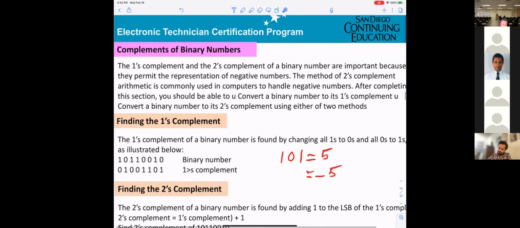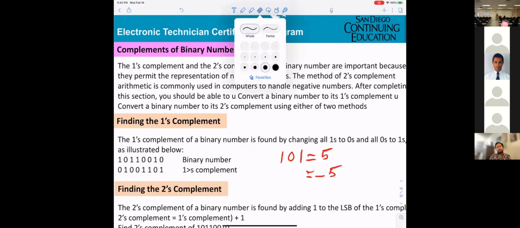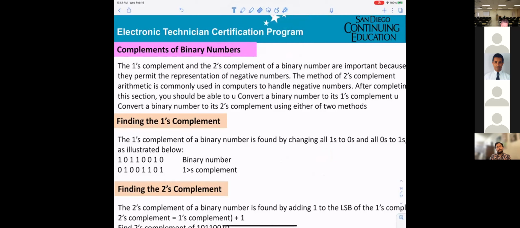Complement a binary number. You get 2's complement. 1's complement and 2's complement. How come we need the complement? In general, can you tell me how come we need a complement?